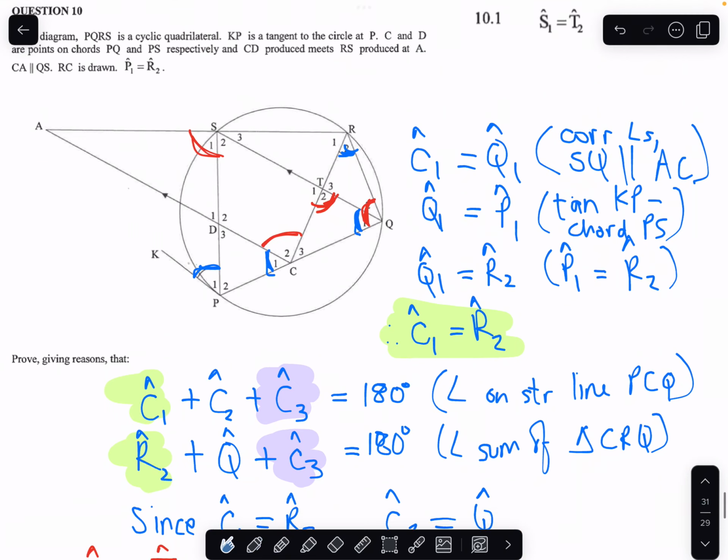So now we've shown that C2 is equal to Q, but C2 is also equal to T2 because of alternate angles, right? And Q is equal to that one because of the exterior angle of a cyclic quad. So because these two are equal, then these two must be equal as well.